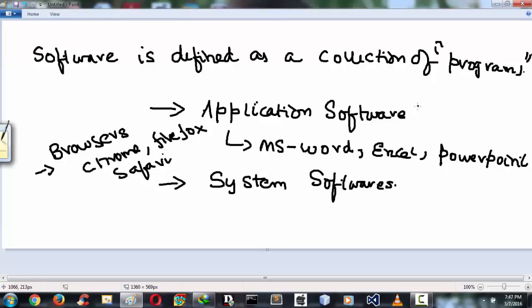You can consider media players and video players like VLC or Windows Media Player. We have a wide variety of choices. Due to the lack of space, I'm abbreviating many words here. Whatever it might be, these are all considered application software.